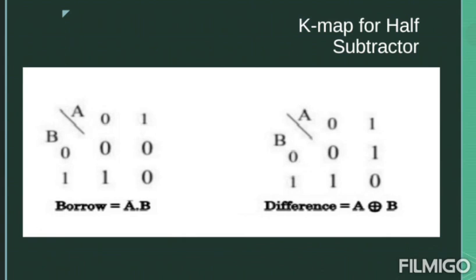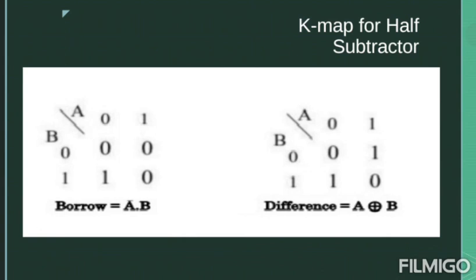Single grouping is allowed, pair grouping is allowed, quad grouping is allowed, and octet grouping is allowed. Single is one grouping, pair is pairing 2 ones, quad is pairing 4 ones, and octet is pairing 8 ones. That is grouping. Opposite grouping is also allowed, large grouping is allowed, overlapping is also allowed. So we have to group the largest number of ones.